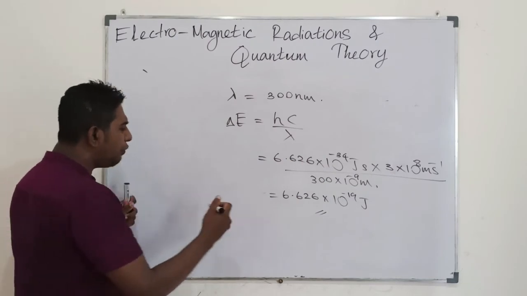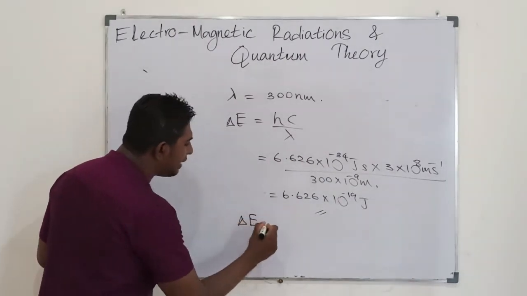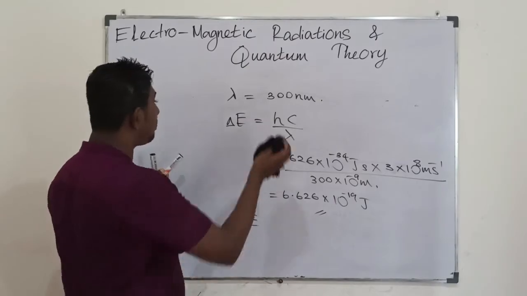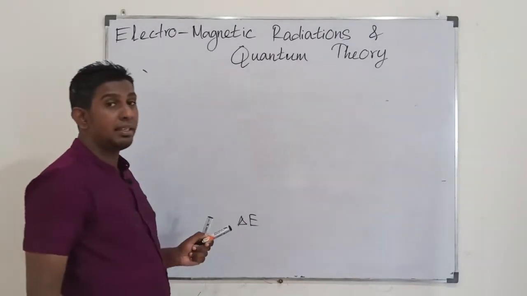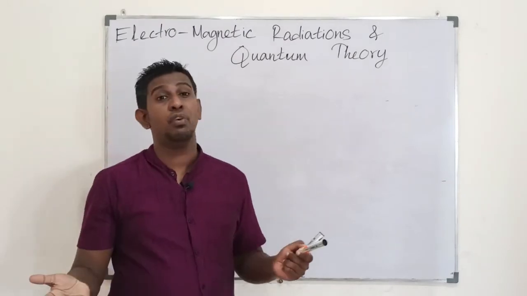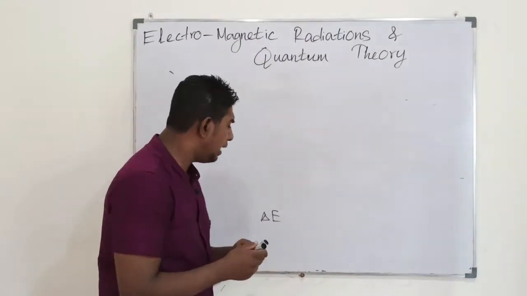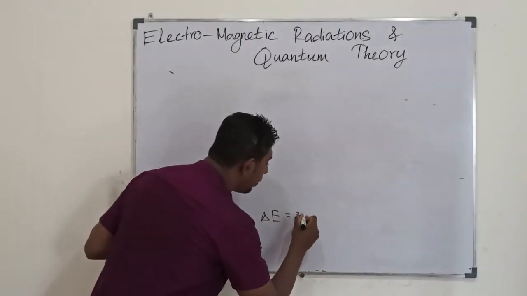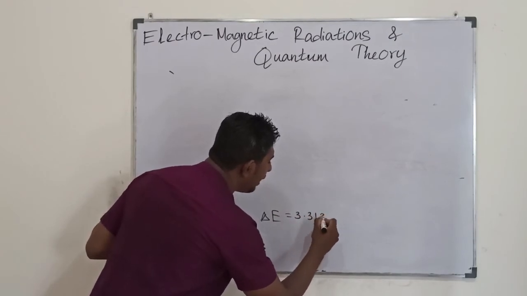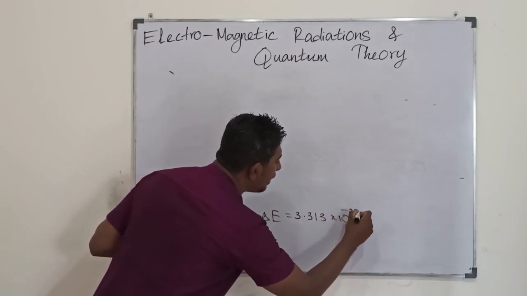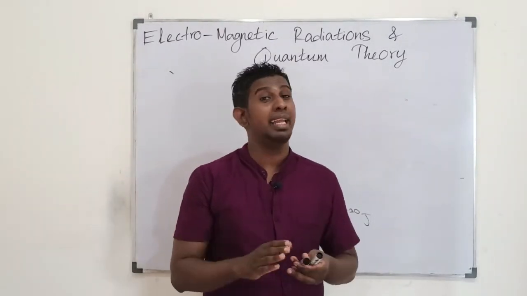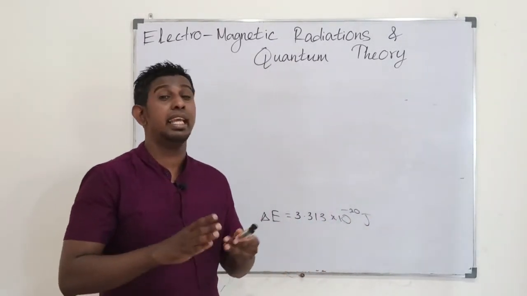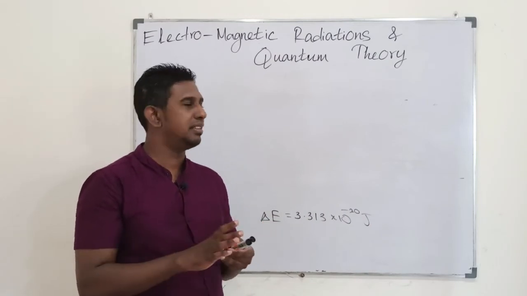Anyway, if you are provided with an energy amount, let's say this is the energy amount standing for an energy packet. Let's say it is 3.313 into 10 to the power minus 20 joules, the minimal energy amount within an energy packet of a certain electromagnetic radiation that is emitted.